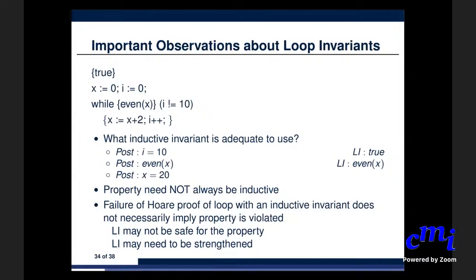Even for straight line programs, where you don't have the burden of inventing these magical loop invariants, it could be undecidable. But the undecidability there is not due to the fact that you have to come up with a loop invariant, which is a hard problem.